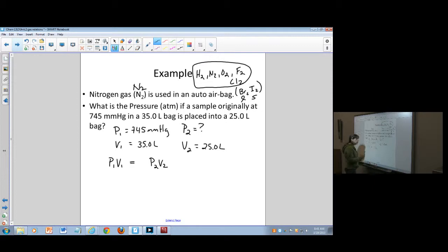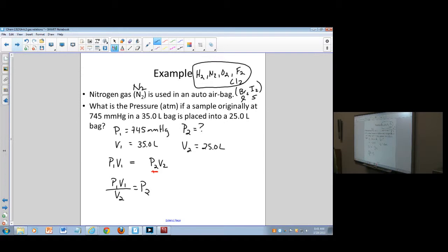And I'm going to rearrange algebraically before I start inputting values. I want to know this P2. So I'm going to do P1 times V1 divided by V2, and that'll give me the second pressure. Now that you've done all this work, all you have to do is plug and chug at this point.